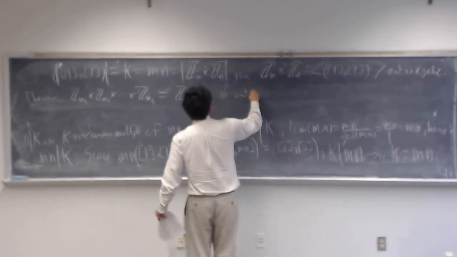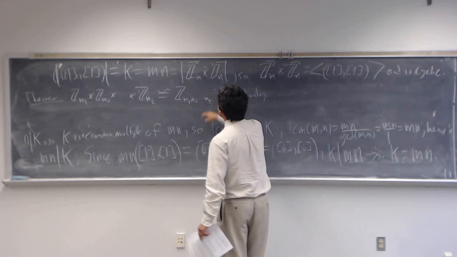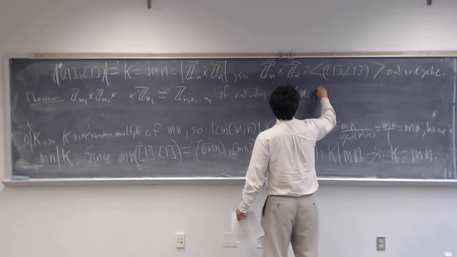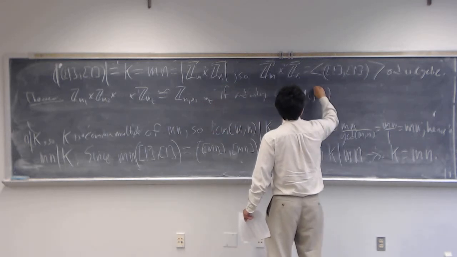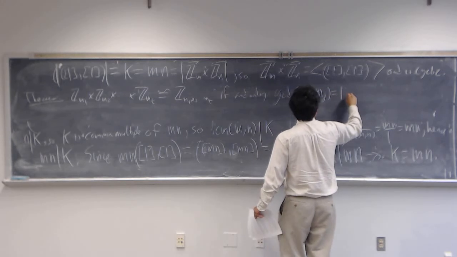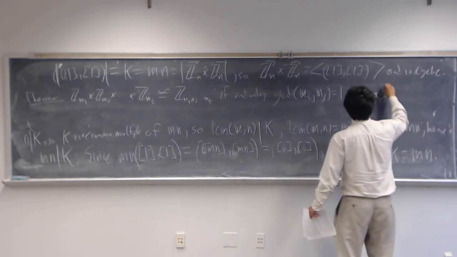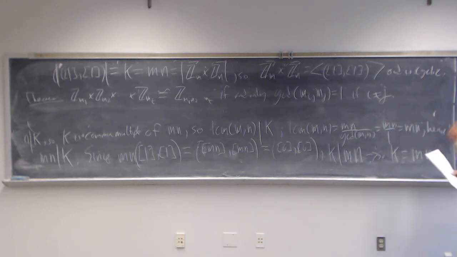If and only if each of these are relatively prime. So the GCD of mi, mj is equal to 1 if we're picking different numbers.